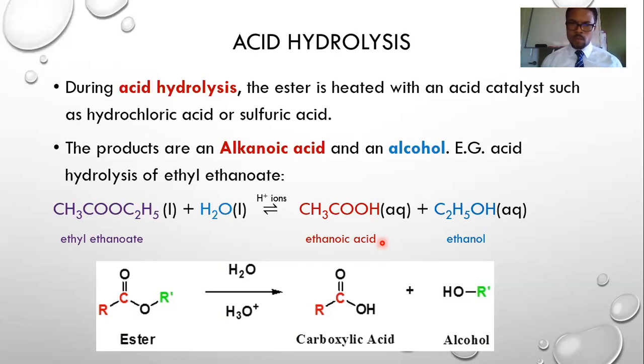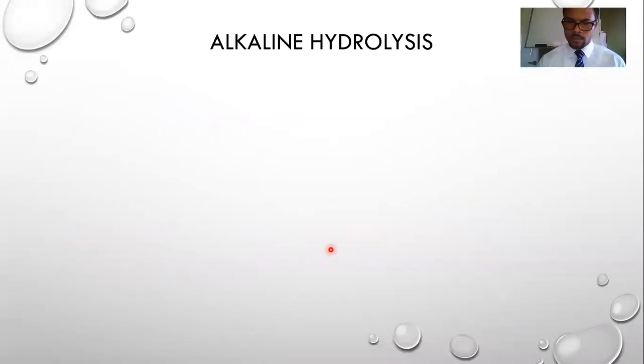Based on the name of the ester: the ethyl portion is what's going to form the alcohol, and the alkanoate part is going to form the acid. So in ethyl ethanoate, ethyl formed ethanol and ethanoate formed ethanoic acid.